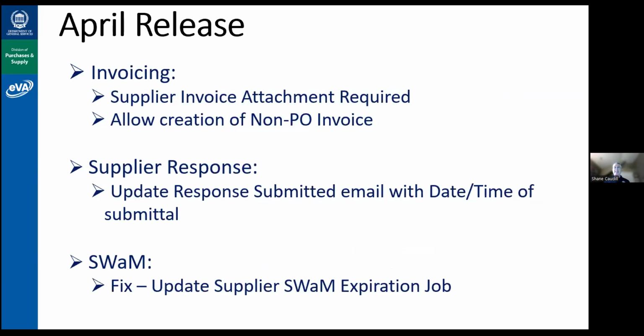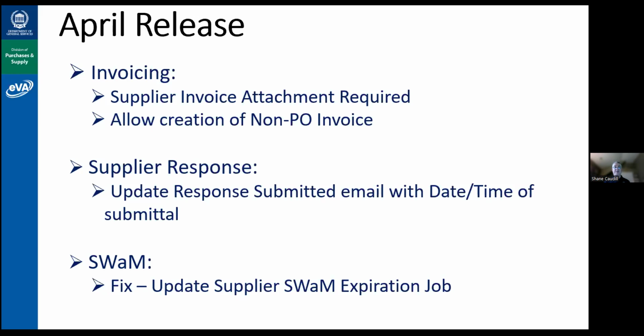Some invoicing fixes or changes went in. We do require a copy of the supplier invoice. There's a section for that on the invoice, and we do require the supplier invoice attachment to be on the eVA generated invoice. So that's a great record keeping requirement, so that whatever invoice the supplier submitted, we make sure we capture that on the invoice record within eVA.